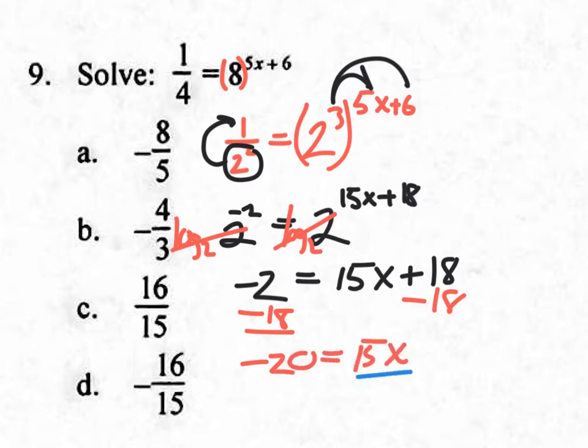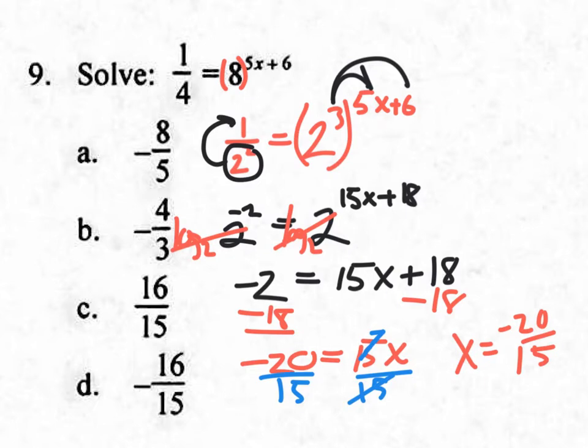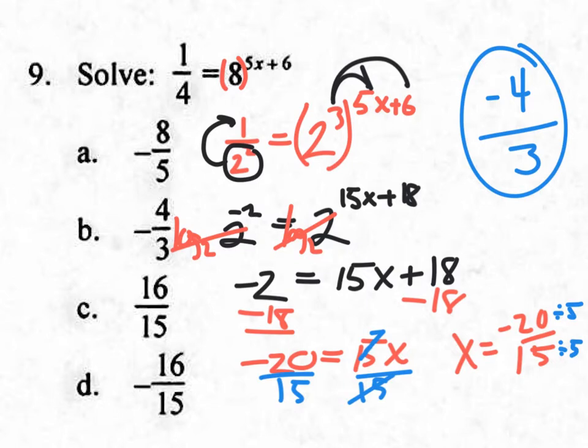For my final step, I'm going to divide by 15, and of course the answer, x equals negative 20 over 15, that could be reduced by 5, because 20 is a multiple of 5, and 15 is also a multiple of 5. So if I were to divide both by 5, then I'd end up with negative 4 over 3. That's my final answer. And as you can see, that's option B.